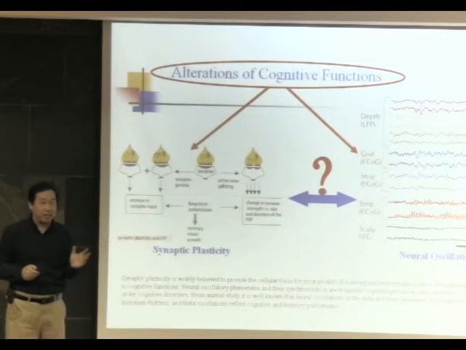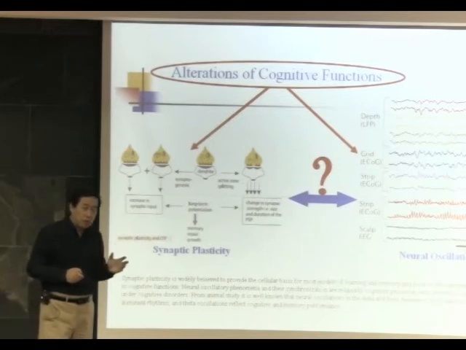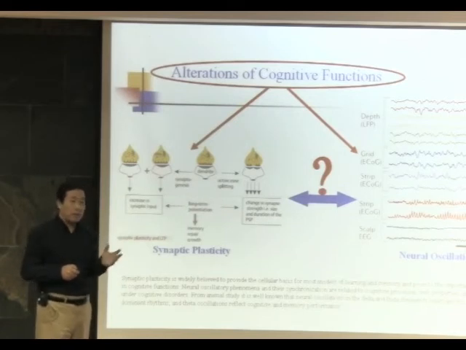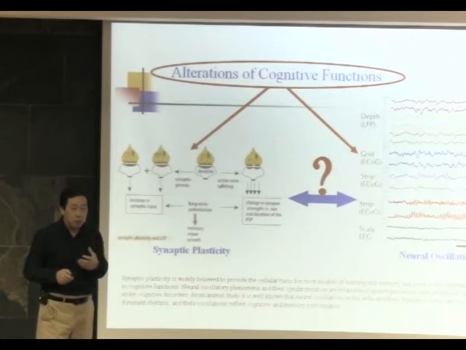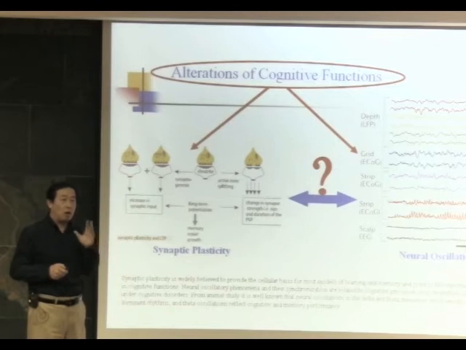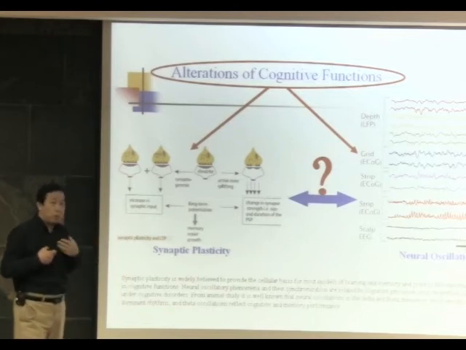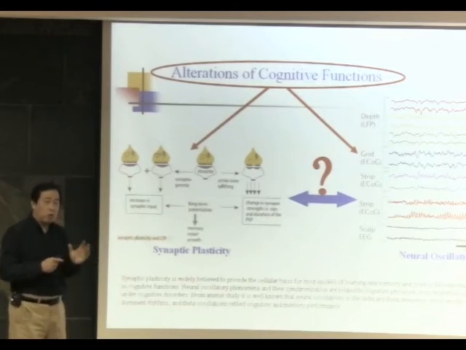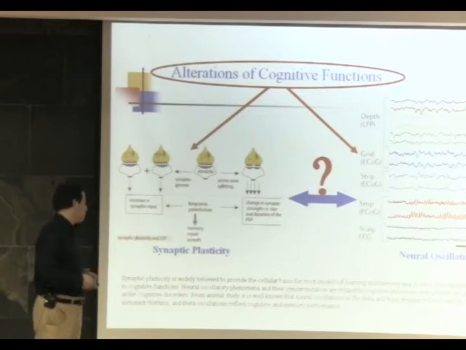On the other hand, researchers in, for instance, neurodynamics will say such a change should be induced by the alteration of neural oscillations. But we are interested to know the relationship between them.